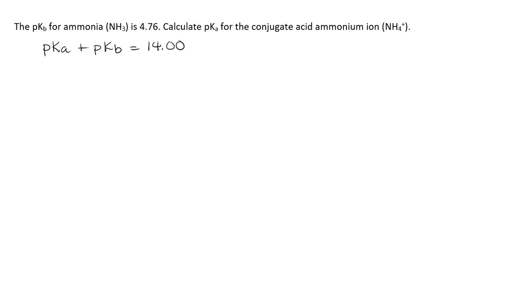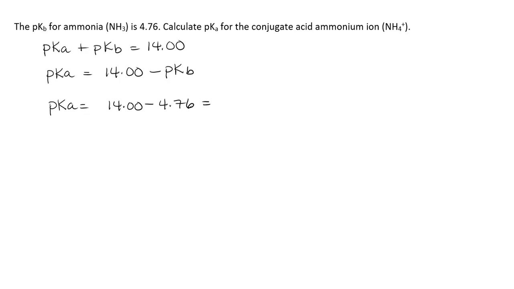So rearranging to solve for pKa, we get pKa equals 14.00 minus pKb. Our sig figs are going to be following the rules of addition and subtraction, and so we are going to be looking at the number of decimal places. So plugging in our values, we have pKa equals 14.00 minus 4.76.